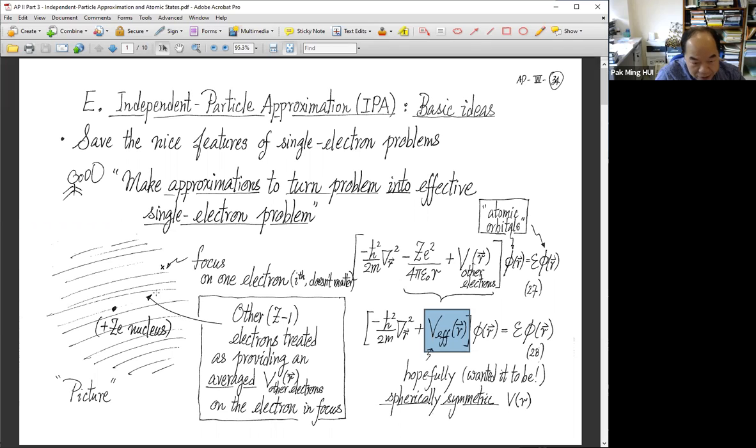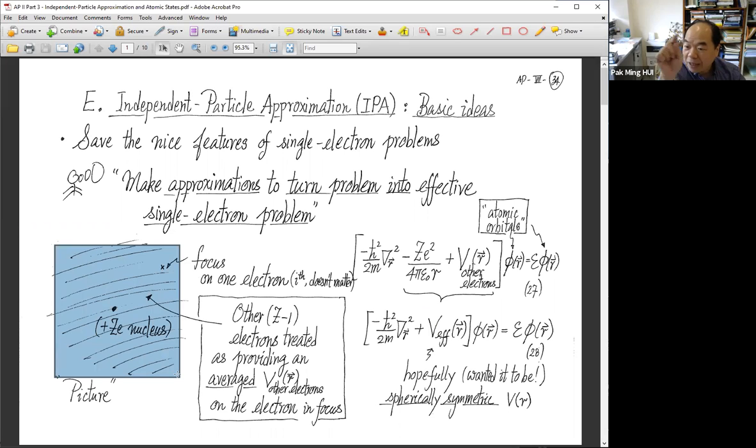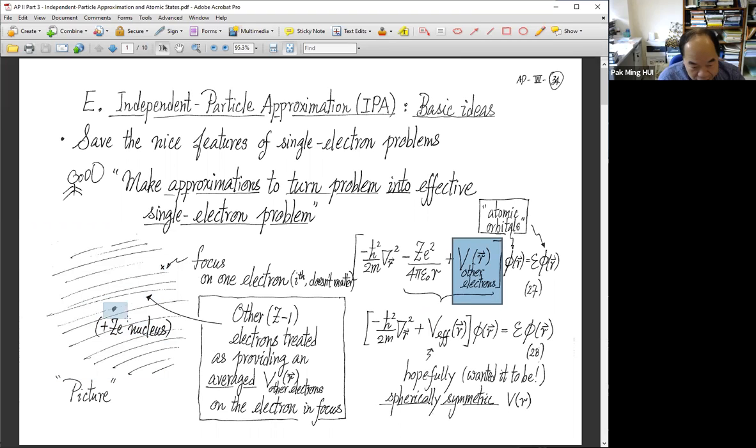So this picture tries to depict it, well, not very nicely. We focus on one electron. All the other electrons are providing this shaded average effect, that is this term, and the nucleus is providing this term. Together, they form an effective potential, okay?